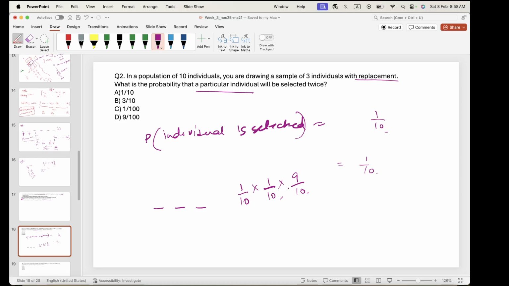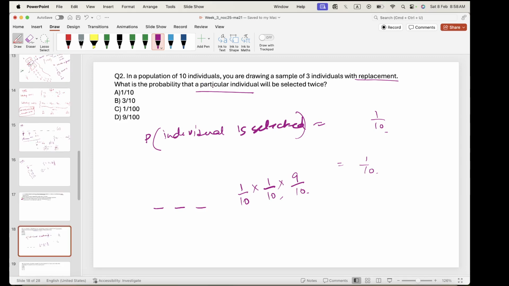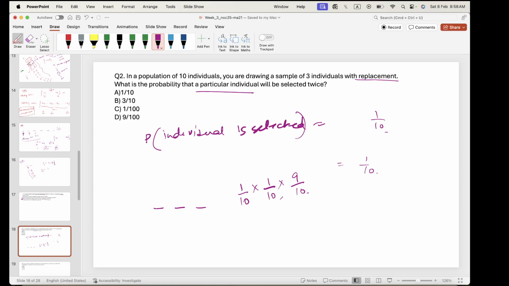Oh, sorry. Did I write it correctly? If you are drawing a sample of 3 individuals with replacement, what is the probability that a particular individual will be selected twice? Sorry. So an individual selected twice is 1 by 10 into 1 by 10, that is 1 by 100.